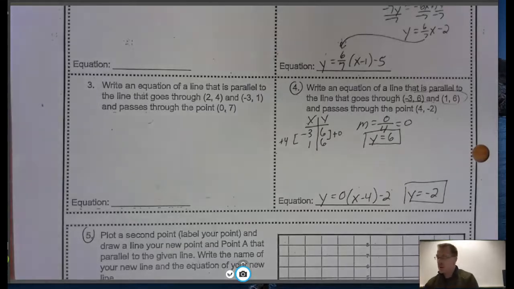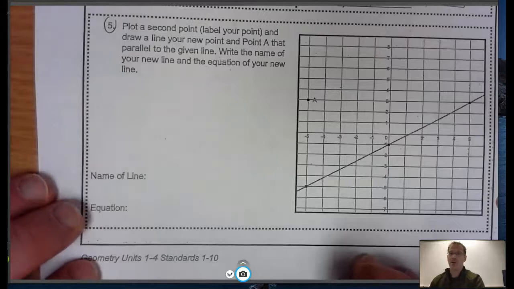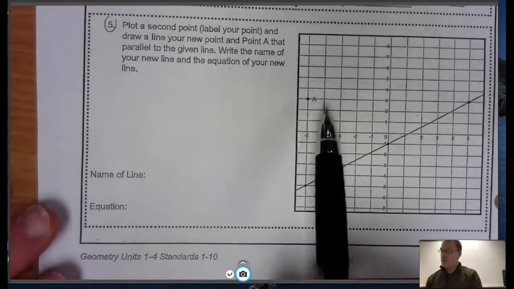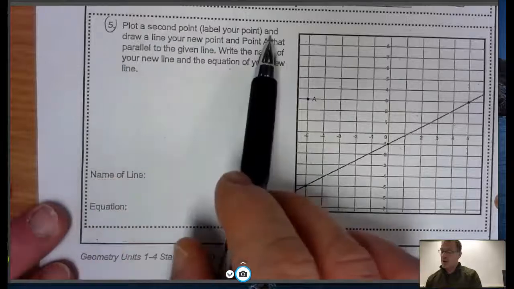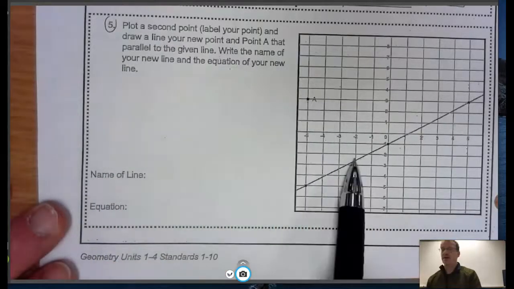All right, so let's look at example 5 here. So now let's look at problem 5 here. All right, so now this is very similar. So we want to plot a second point and draw a line with point A that's parallel to this given line.